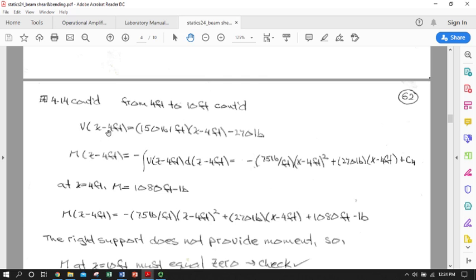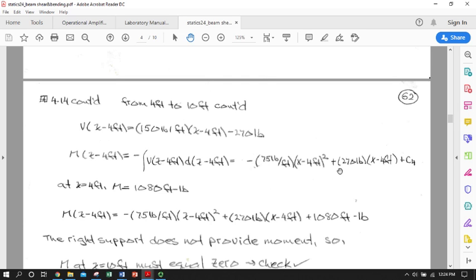Okay, now I want to get bending. So I'm going to integrate my shear expression with respect to x. I'm going to throw a negative sign out in front because moment is always the negative of the integral of our shear force with respect to x. And so I'm just going to drop these same expressions in and integrate.